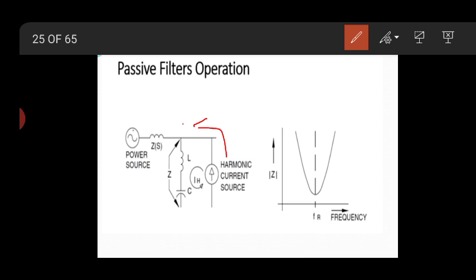It will inject harmonics into the system, say about the fifth harmonic.